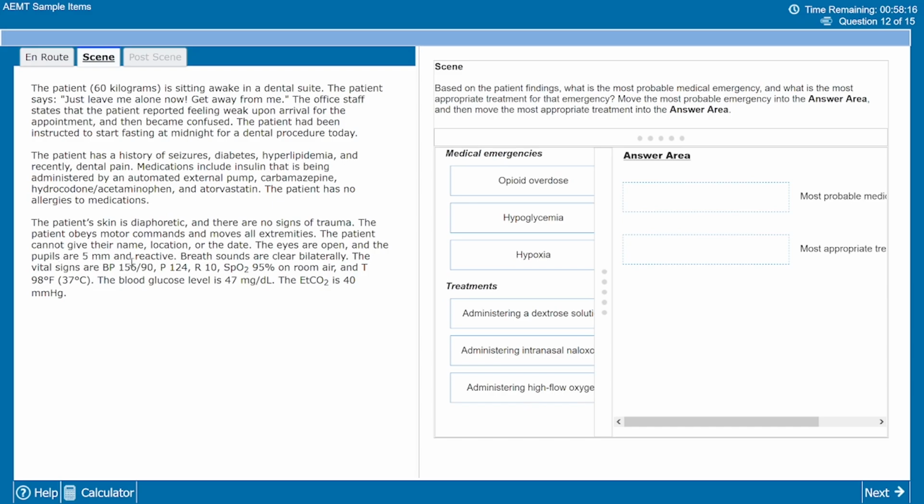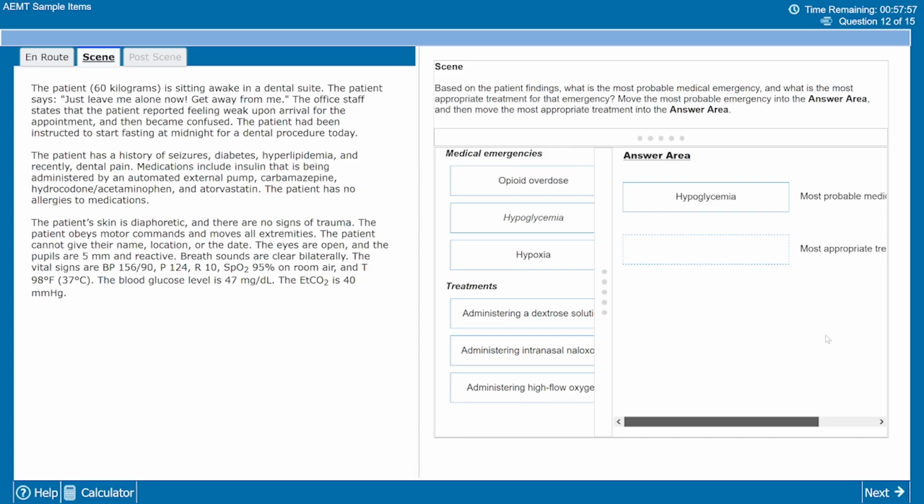We know with their pupils being reactive and at a 5, we're not concerned about that. So the most probable medical emergency is hypoglycemia. And even if you right away know the answer, look at all the answer choices and make sure that you aren't missing anything that's obvious.